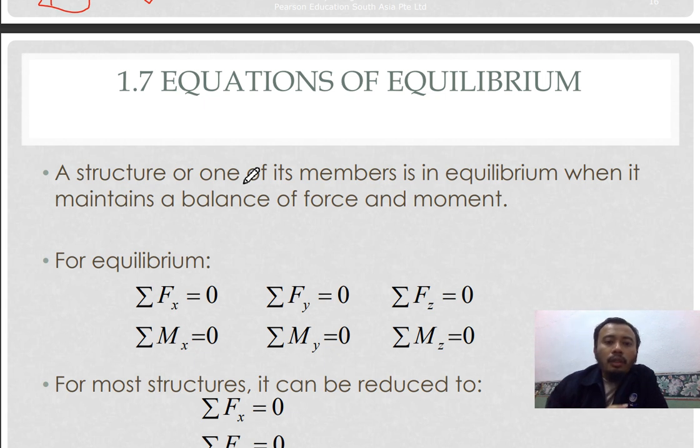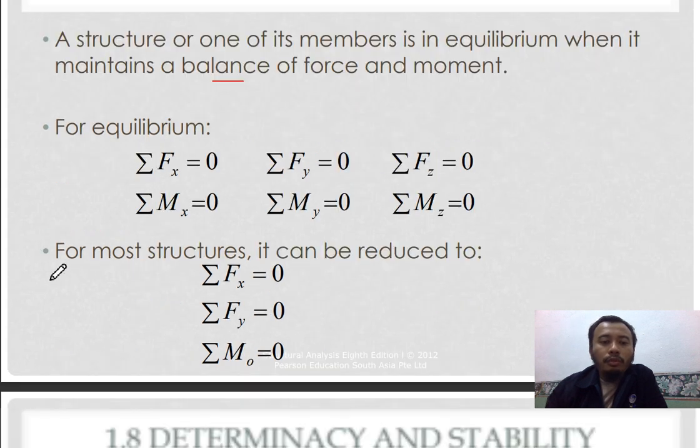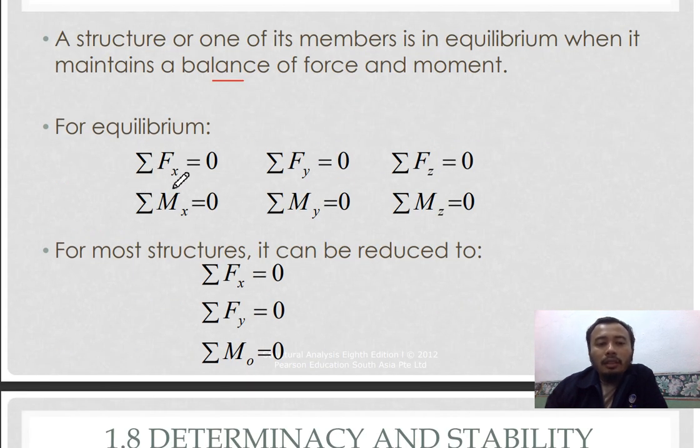So when it is in equilibrium, it maintains the balance of force and moment. For equilibrium, the summation of the total force acting in the horizontal x is 0, vertical or y is 0, and z, if it is analyzed in three axes, is 0.